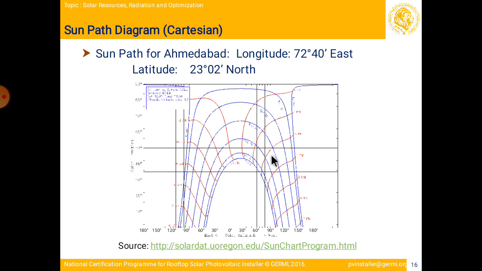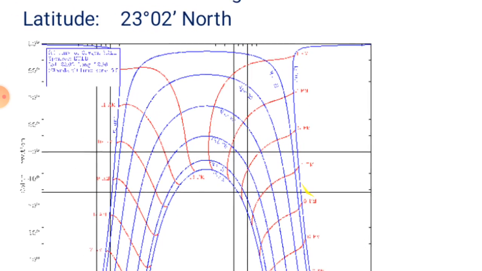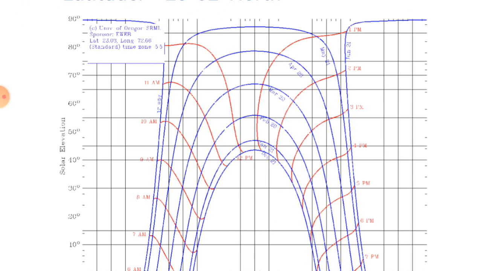Now as this graph is showing the sun path for the particular year, you can see that the output is for the particular month. You can see that this is April, then this is March, February.